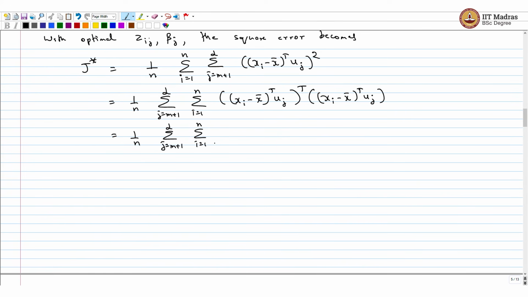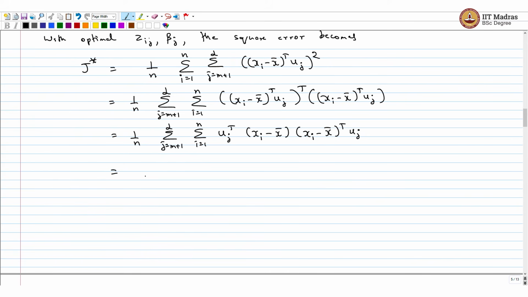So to do that, let's continue this calculation. What I have is, the basic rule, uj transpose (xi minus x bar) into (xi minus x bar) transpose uj.